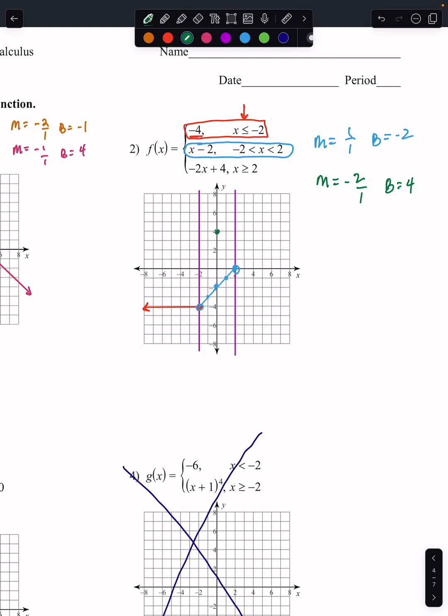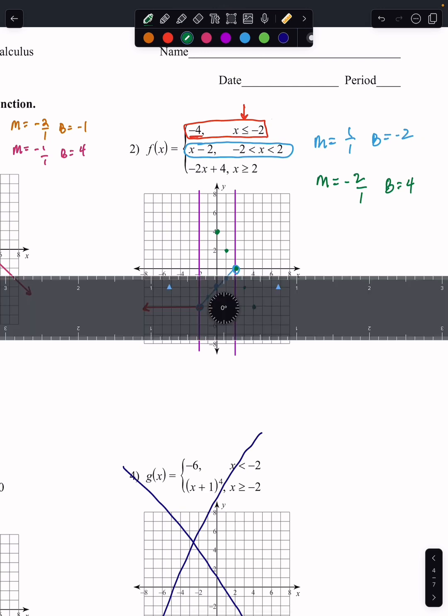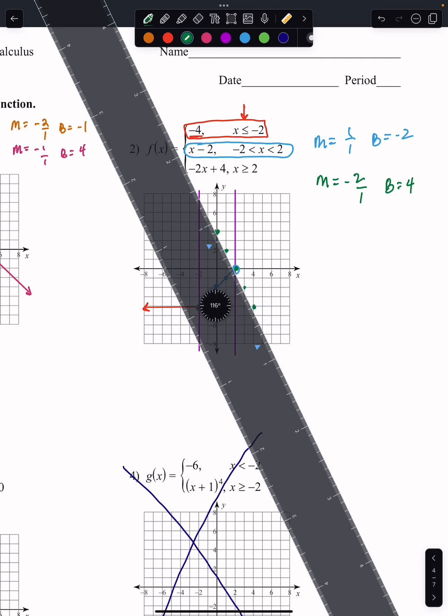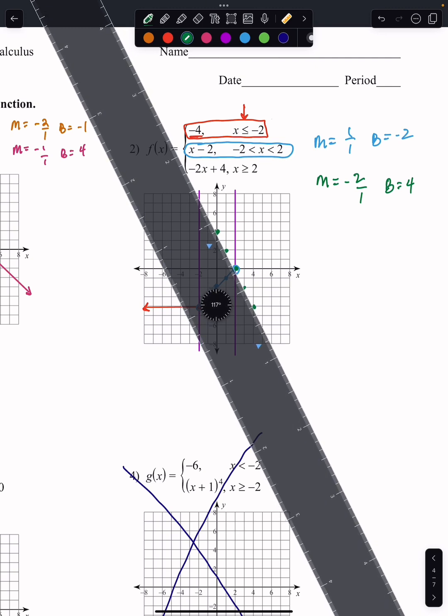And what part of the line do you think this is going to go? I'm hoping you're saying to the right. So we don't need the whole line. We just need the part that's to the right. So that means I can get rid of this.